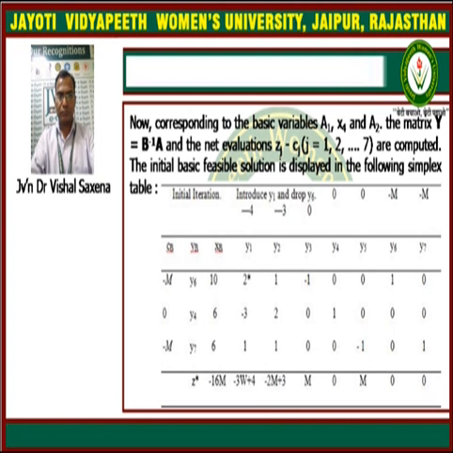The most negative value is -3M + 4, which means y1 is the incoming vector, and corresponding to this the minimum ratio, which is given by xBr upon yrj, is for the variable y6. Variable y6 means the first artificial variable a1. So here y6 will be the outgoing vector and y1 will be the incoming vector.